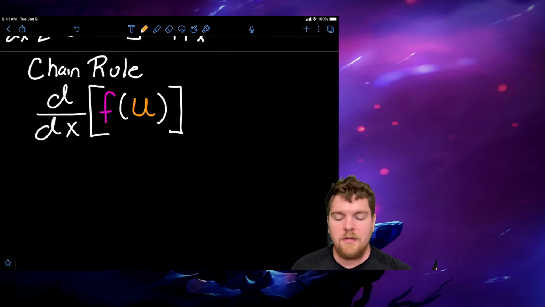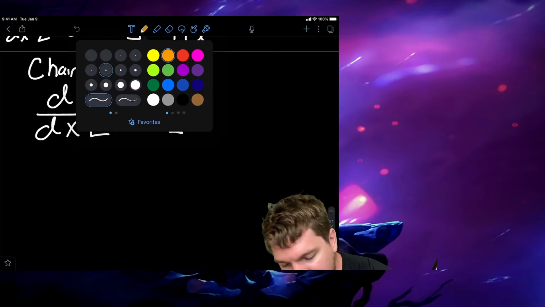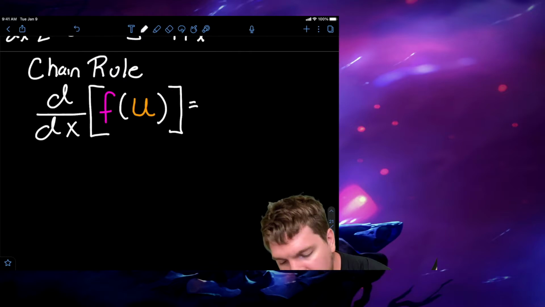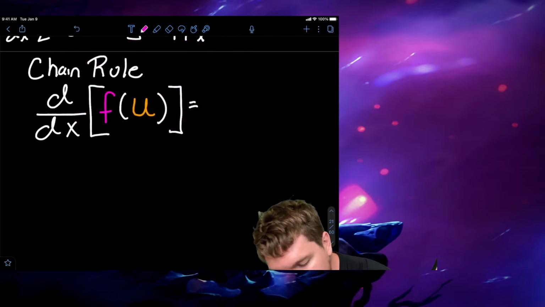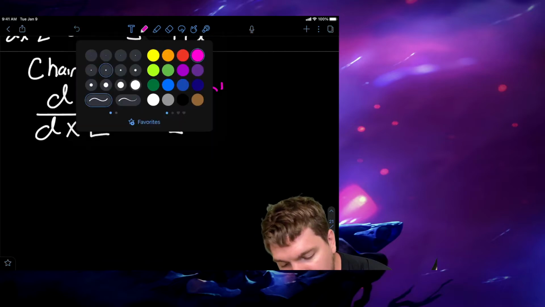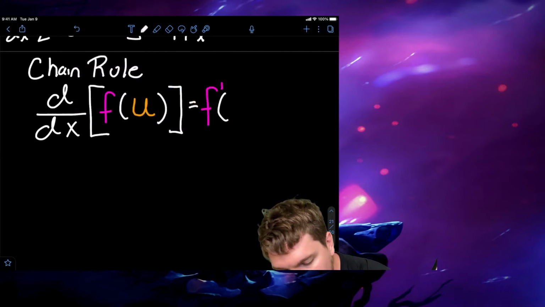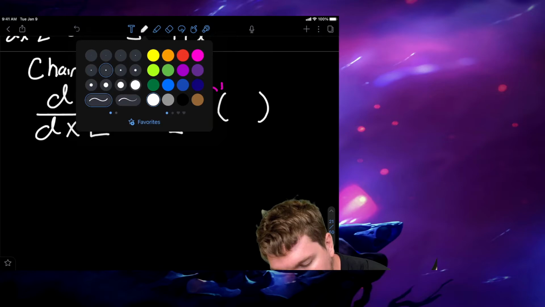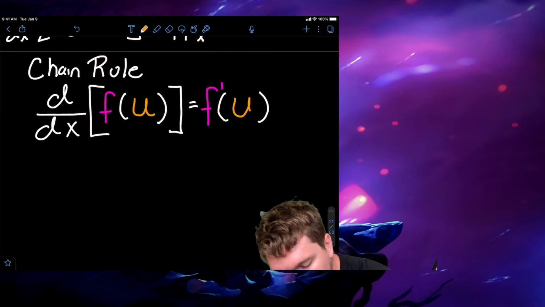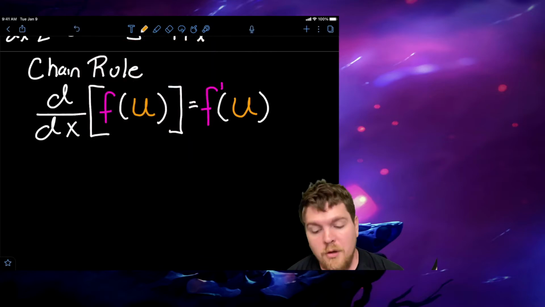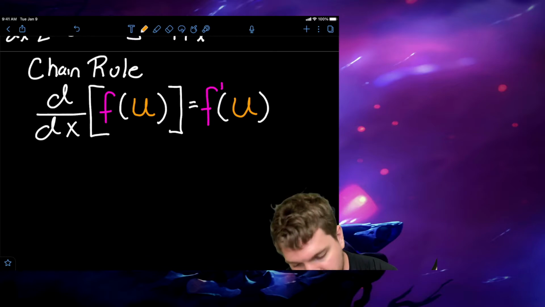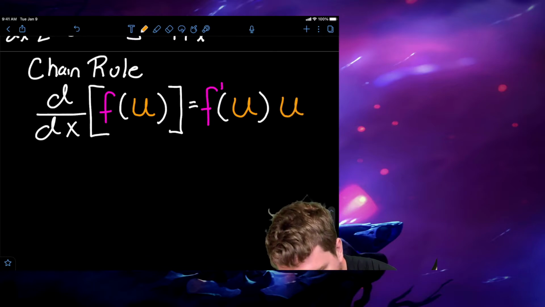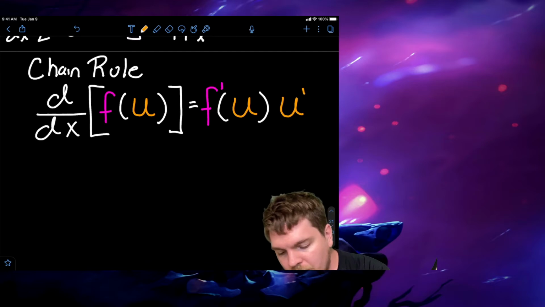Well, the derivative of the composition f of u is going to be equal to the derivative of the outer function, we leave the inner function alone, and then the last thing we do is we multiply by the derivative of the inner function.